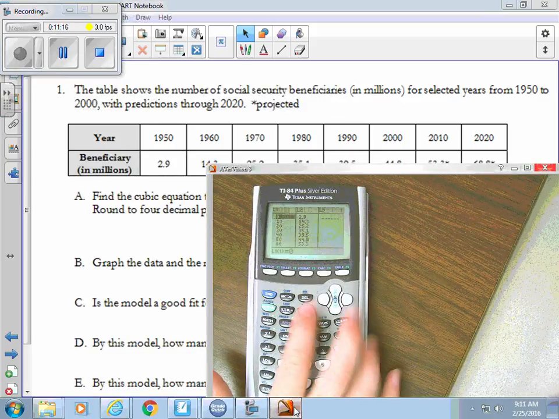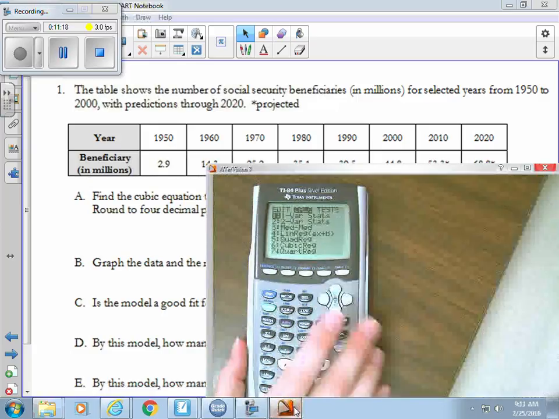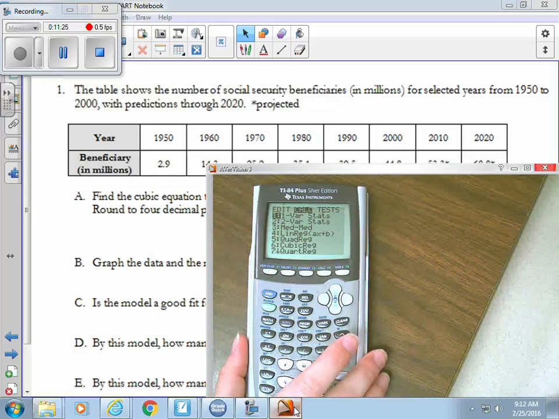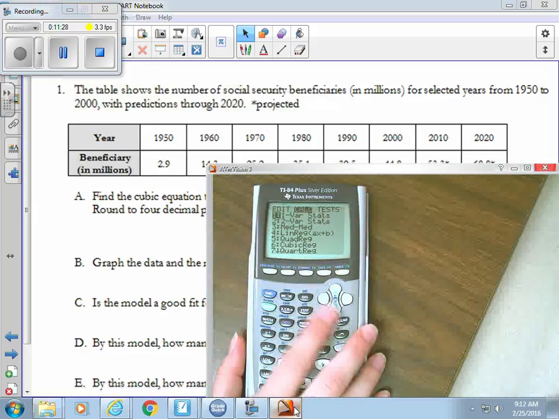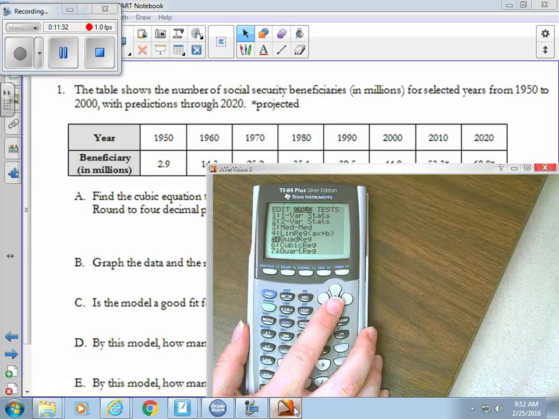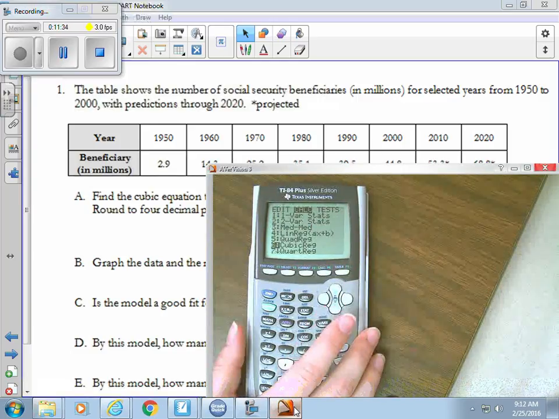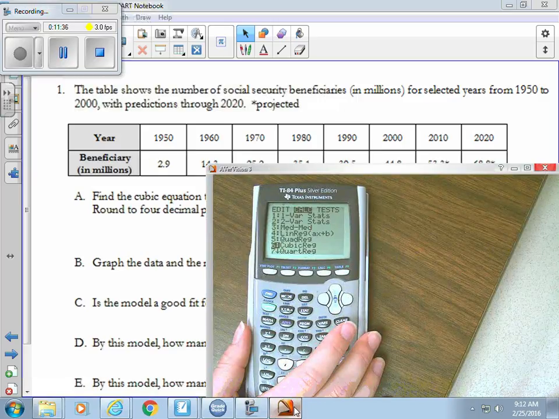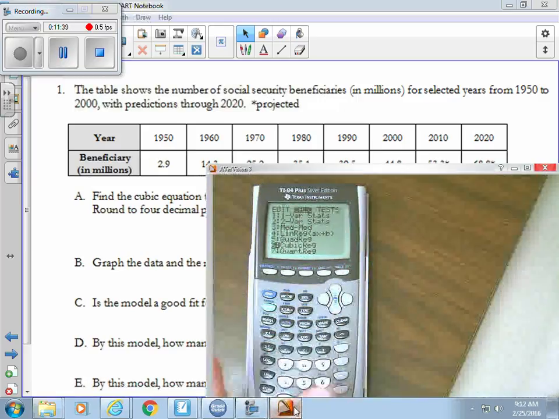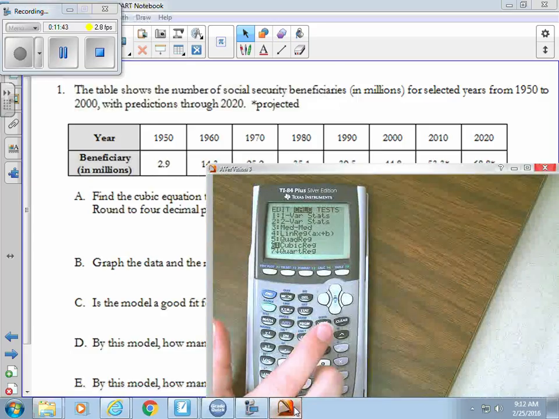Stat and then calc. Lily said you just try the different types and see which one comes out best. This one I get to cheat because it says find the cubic equation. So instead of doing ln-reg, which is what I did in the fall, I'm going to go down to cubic reg. Stat, and then arrow to the right over to calculate, and then go down to cubic reg.